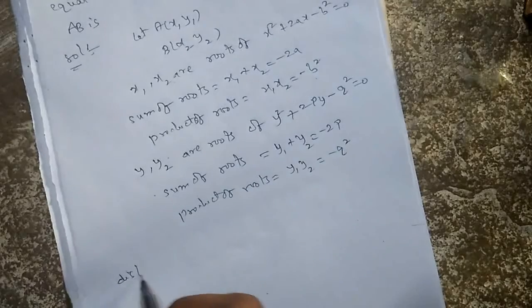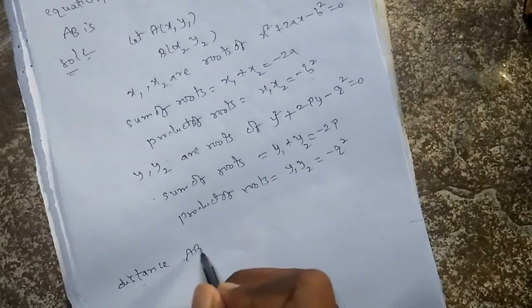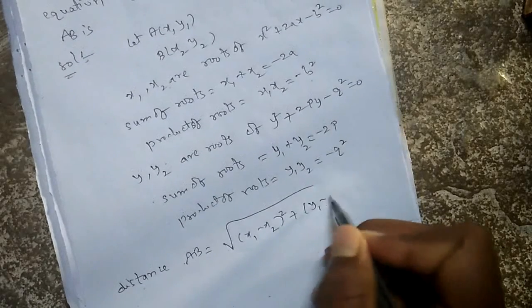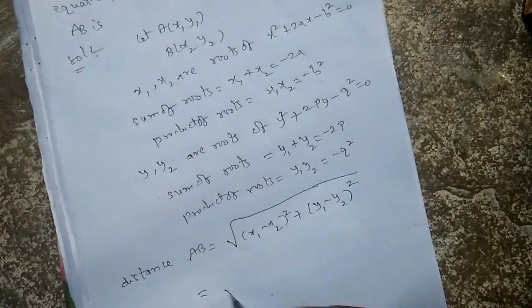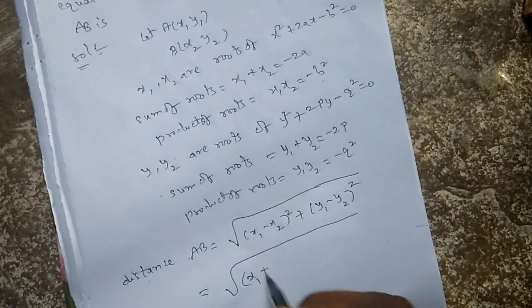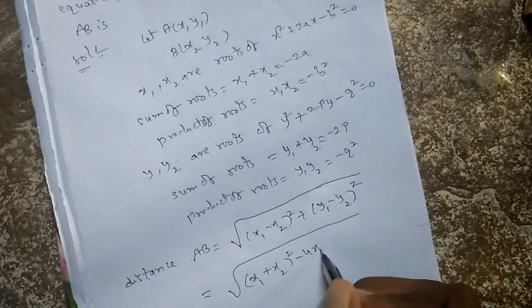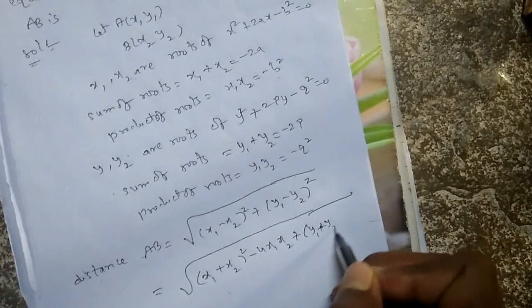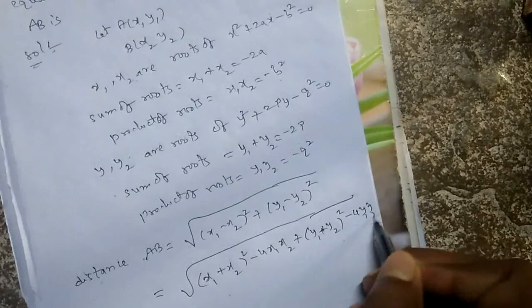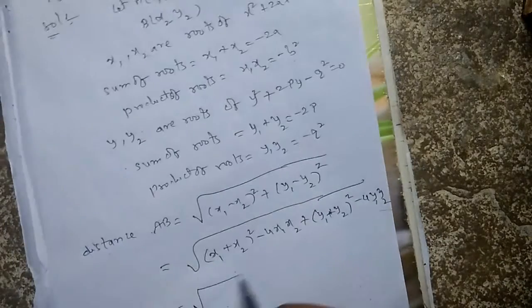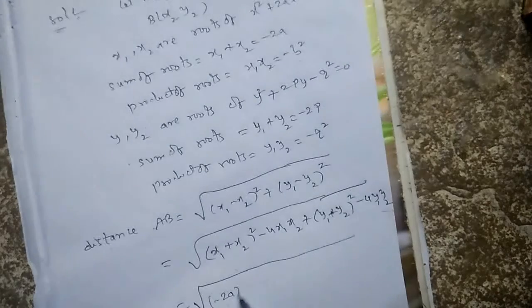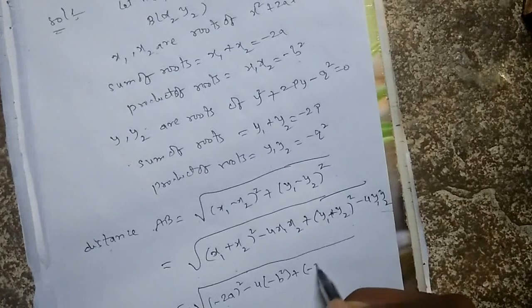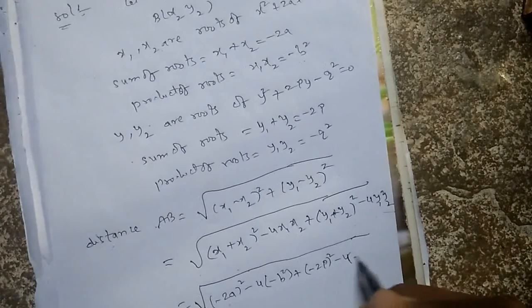Now distance AB is equal to root of (x1 minus x2) whole square plus (y1 minus y2) whole square. Here (x1 minus x2) whole square can be written as (x1 plus x2) whole square minus 4 x1 x2. Here (y1 minus y2) whole square can be written as (y1 plus y2) whole square minus 4 y1 y2. Now substitute the values. (x1 plus x2) whole square is (minus 2a) whole square minus 4 into x1 x2, which is minus b square, plus (y1 plus y2), which is (minus 2p) whole square, y1 y2 is minus q square.